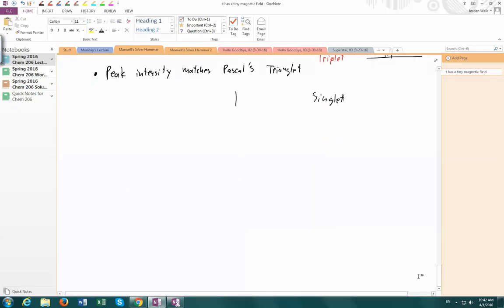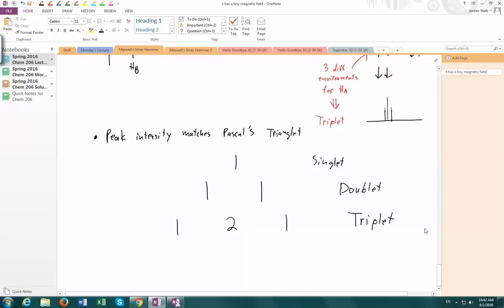And so what's the second level of Pascal's triangle? 1 and 1. Does that look like a doublet that we've shown before? It does. That's our doublet. All right, so there we've got a doublet. Now, the next part of Pascal's triangle will have a 1 there. What do we have in the middle? 2, and then a 1 here. Does that look like the triplet we drew? Let's remind ourselves. Yes, that looks like the triplet we drew.